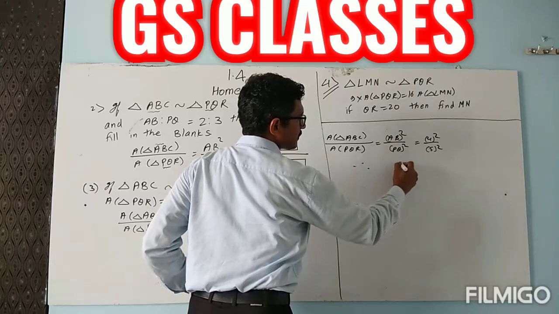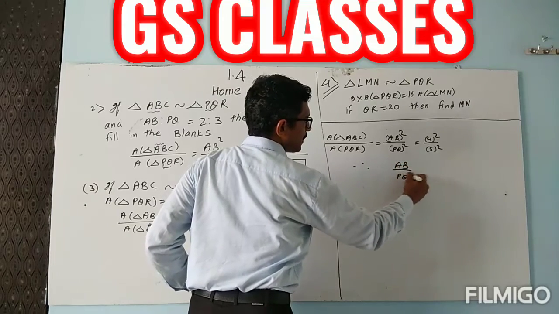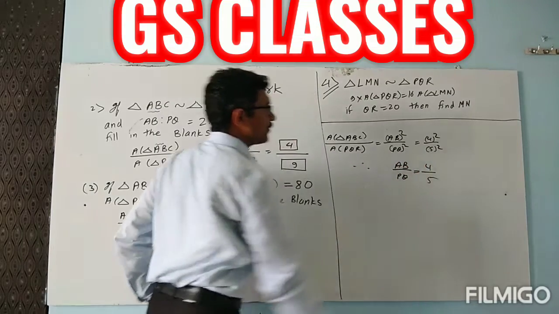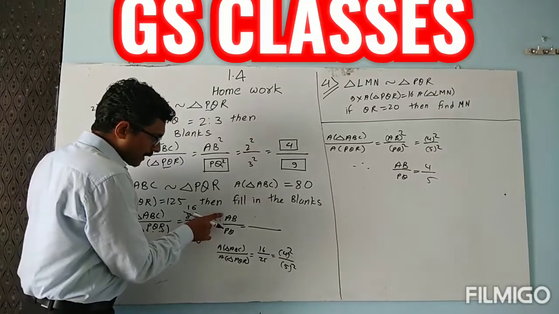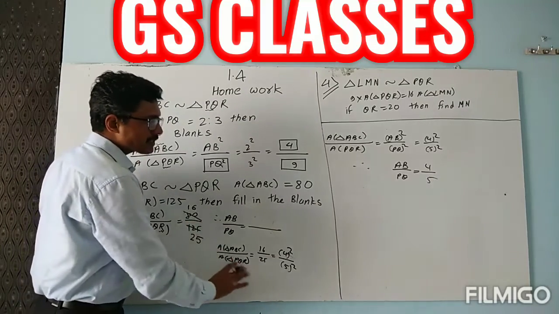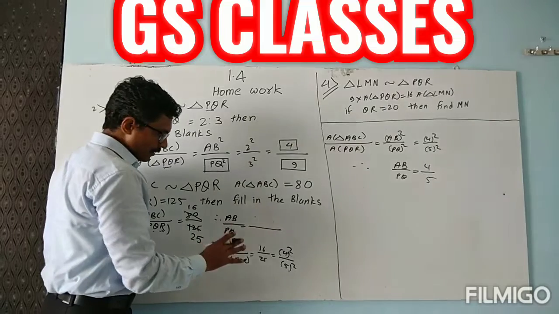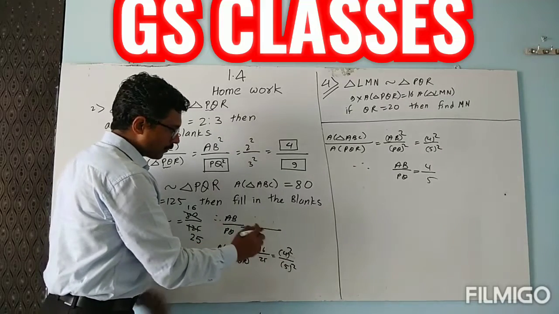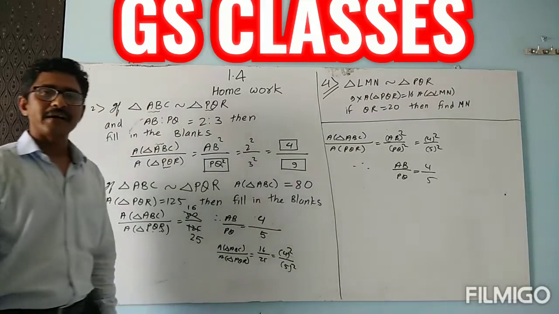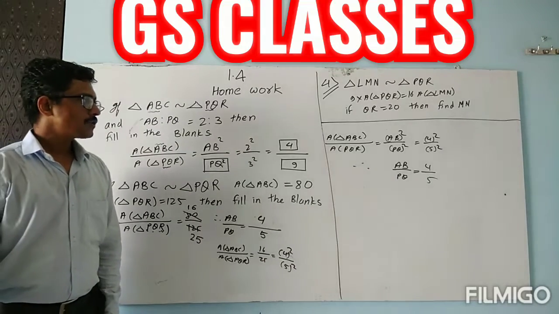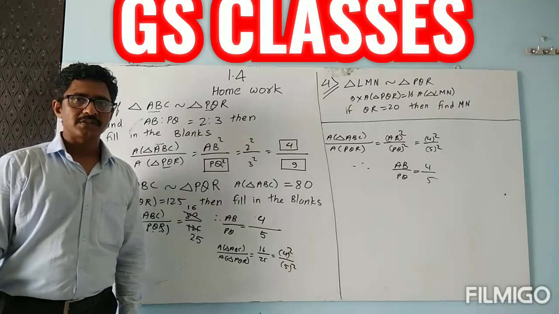It means that AB upon PQ is going to be 4 upon 5. So here they are asking only the value, they are not interested in your working. Of course this working you have to do, and then you can get your answer as 4 by 5. So see you children in the next question.